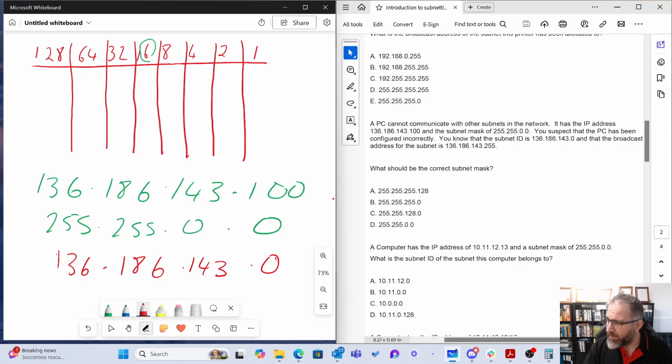But I'm thinking, well, if that's the subnet ID, why don't I have a 255 here? Already my brain is thinking, if that's the subnet ID, there should be a 255. If there was a 0 here as a subnet ID, then that's fine. That would be correct, but it's not.